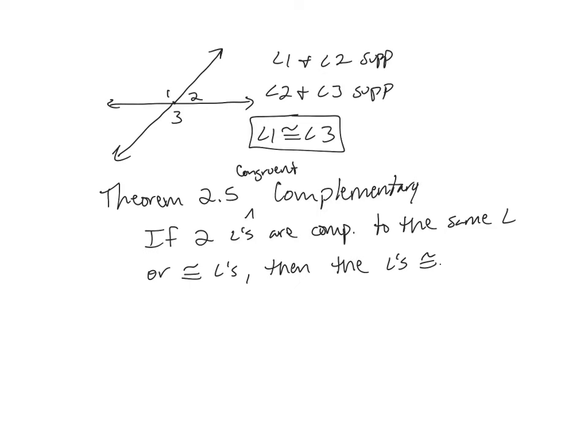So we have a postulate 2.8. All the postulates 2.1 through 7 were those diagrams that we did last week, the point line postulate and all those things. And this one is linear pair.